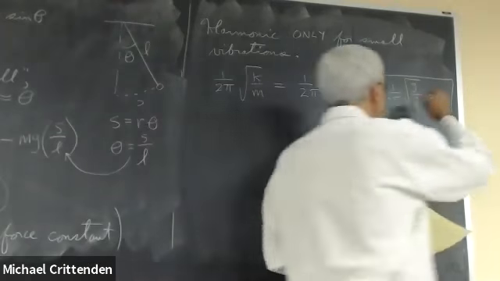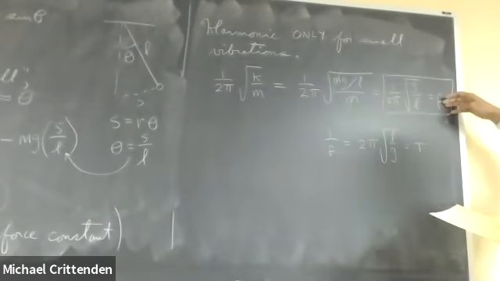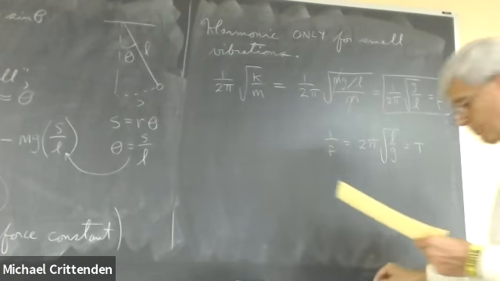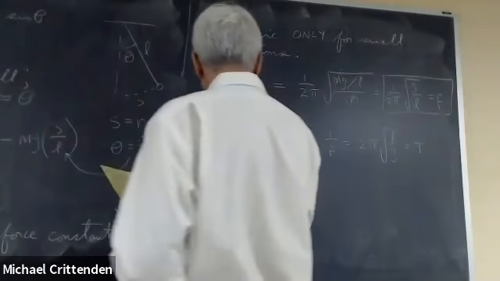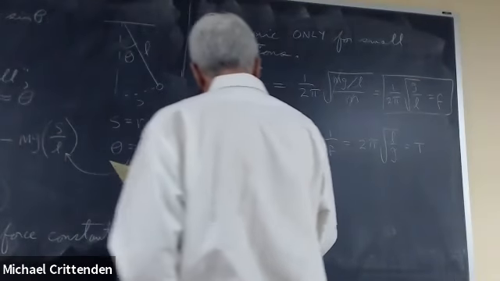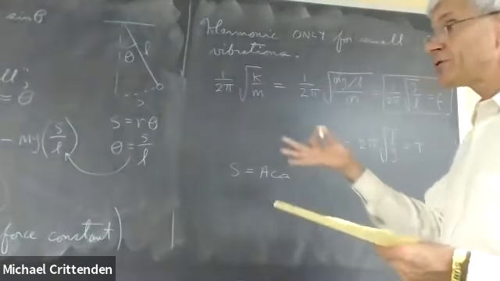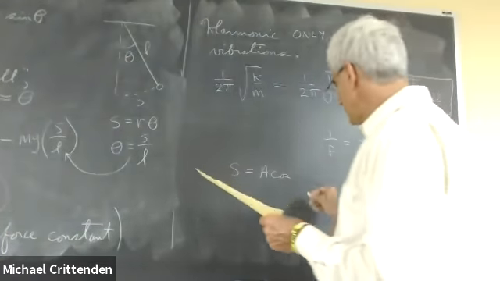So frequency of a pendulum, period is just the reciprocal of the frequency. Position is a function of time, again adapting the equation that I had earlier for a harmonic oscillator.